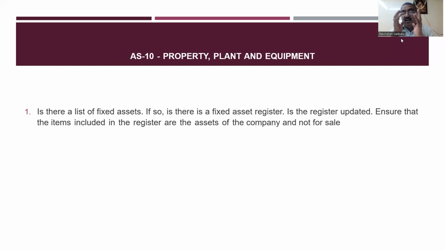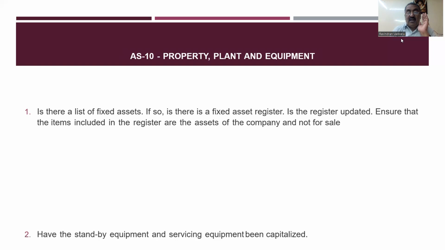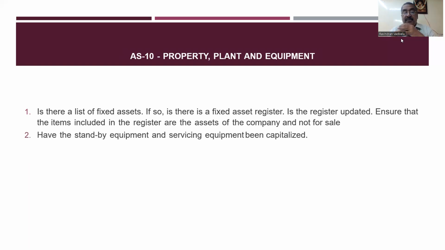But one very important thing is that as a practicing unit you have to see whether the company has a fixed assets register, and that too with updation, and whether standby equipment and servicing equipment are being capitalized. Standby equipment is not your asset, it's only a temporary thing, and it should not be capitalized.